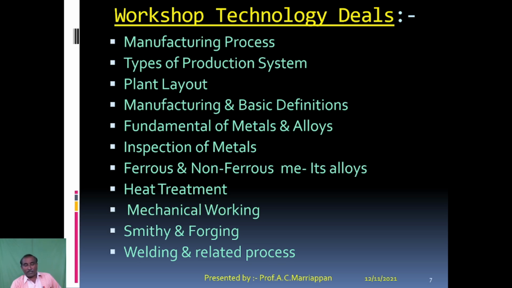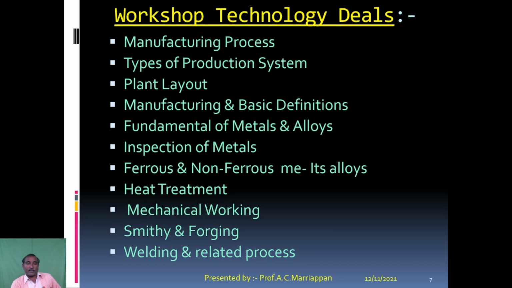And the fundamentals of metals and alloys are also dealt with in workshop technology. Engineered metals can be classified into three categories: carbon-based metals, that is the ferrous materials, non-ferrous metals, and alloys.